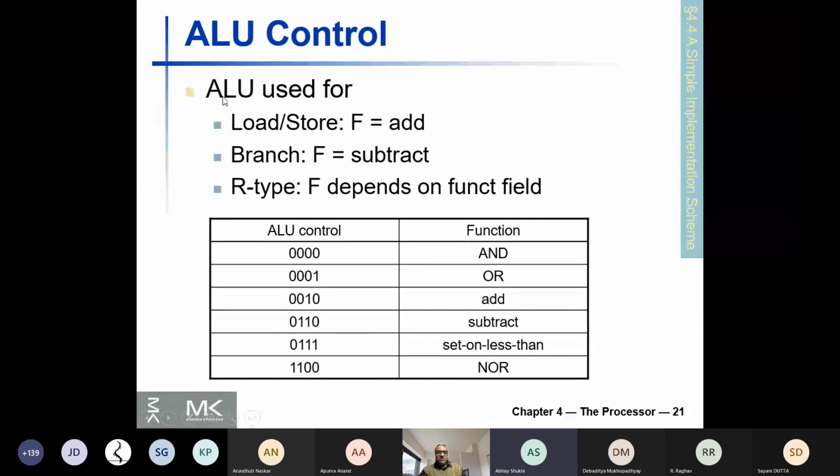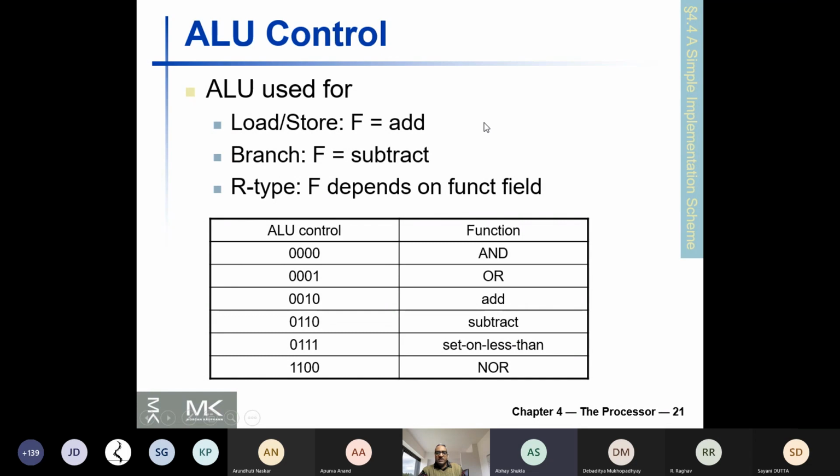This ALU will be used by all the instructions: load and store will use the ALU, branch instructions will use the ALU, and all R-type instructions will also use the ALU. In the case of load, store, and branch instructions, there won't be any function field, because both fall under the immediate format.